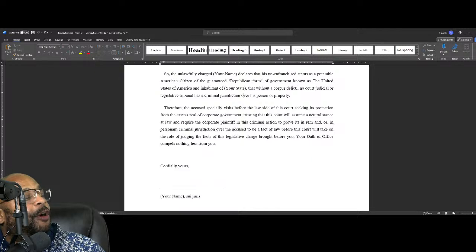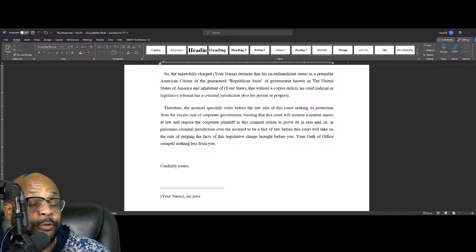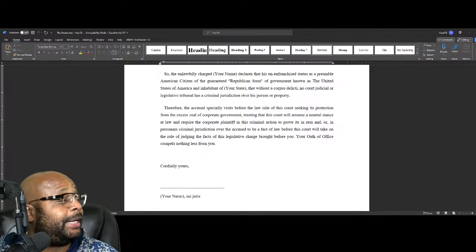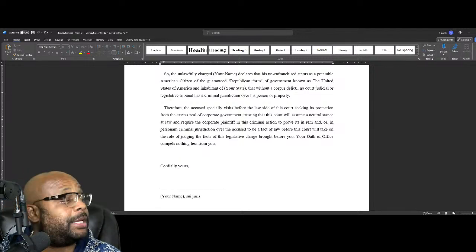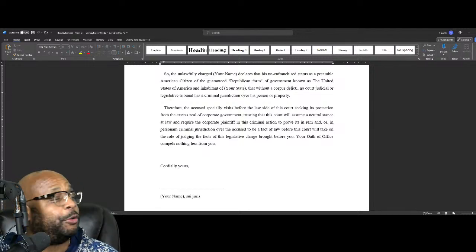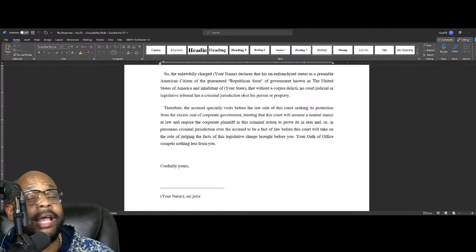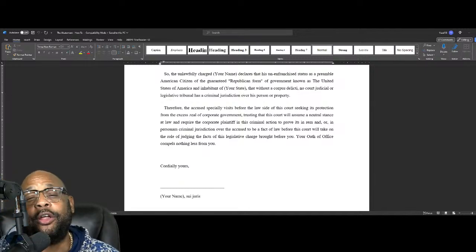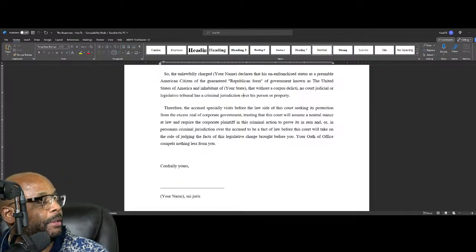So the unlawfully charged John Henry Doe declares that this unenfranchised status is a preamble American citizen of the guaranteed Republican form of government. Notice we're talking about a republic once again, known as the United States of America, not the United States, an inhabitant, not a resident, of Republic of Georgia, that without a corpus delicti, injured party, real living soul that's been injured, who's sworn out a verified complaint against me, no court, judicial, or legislative tribunal, neither one of them really, has a criminal jurisdiction over his person and body and property.